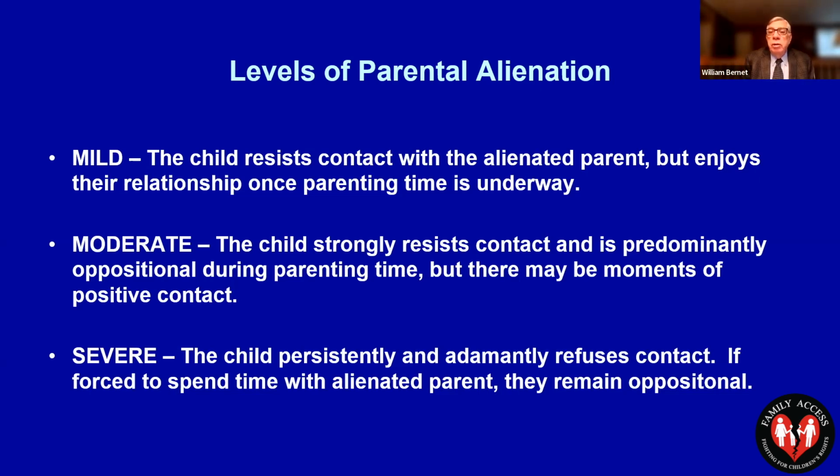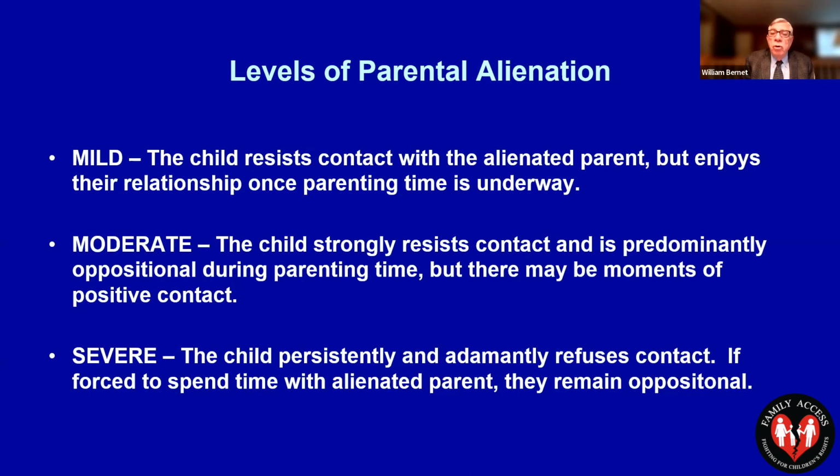That's moderate alienation. Severe alienation, the child says, I don't want to go see the other parent, and won't go, and hasn't gone for months or sometimes a year, simply because of extremely strong refusal. And if the child does go, the child is negative during the entire parenting time. For instance, the child might stay in her room for the whole weekend, keep the dad out of the room.